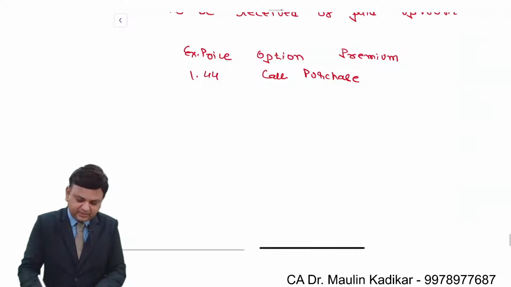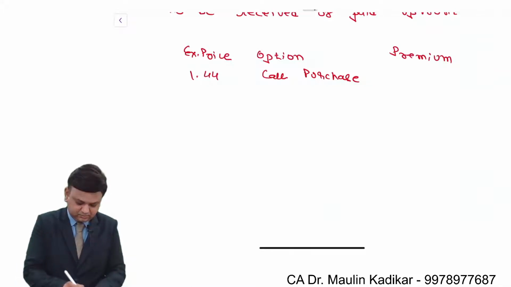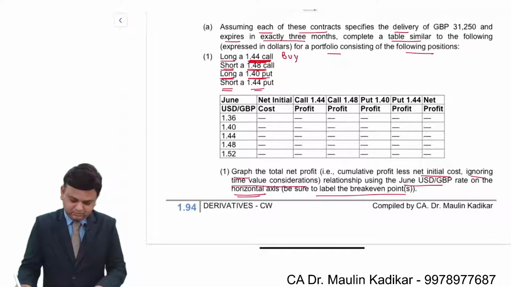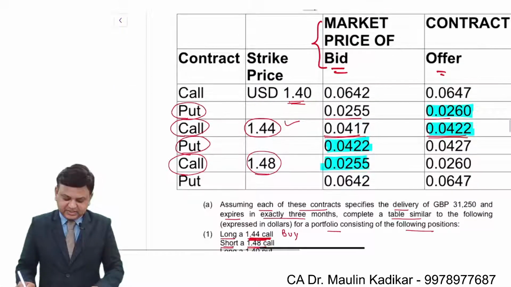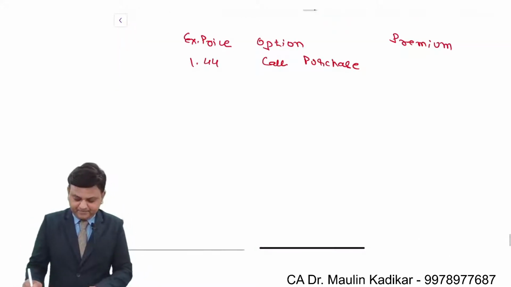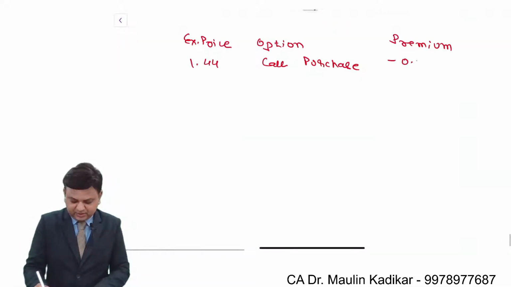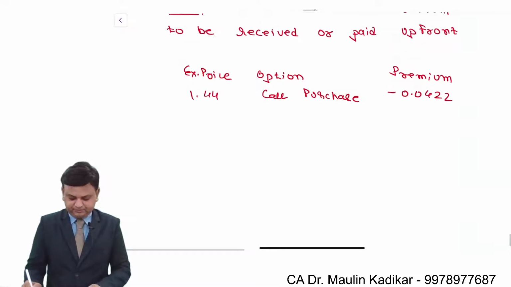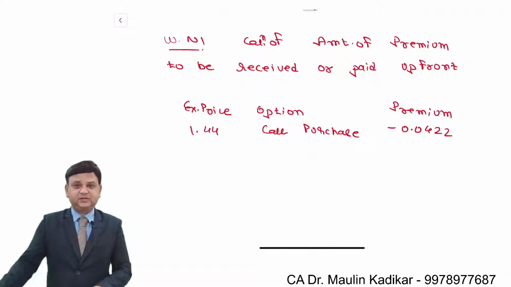So you are required to make payment of premium. So we understand that 0.0422 is what you pay. Negative 0.0422. That is the first working.